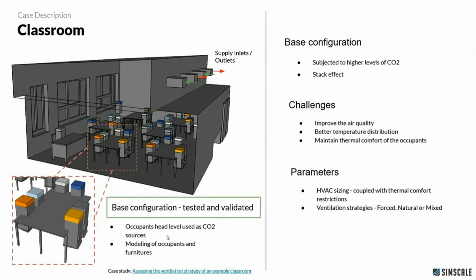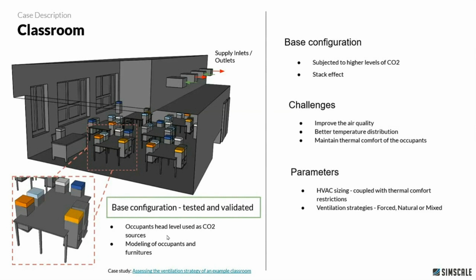This affects the quality of the air inside this particular classroom. The next issue is the uneven temperature distribution, which is also caused by the stack effect. The challenges here are to improve the air quality and also tackle the temperature distribution issue.